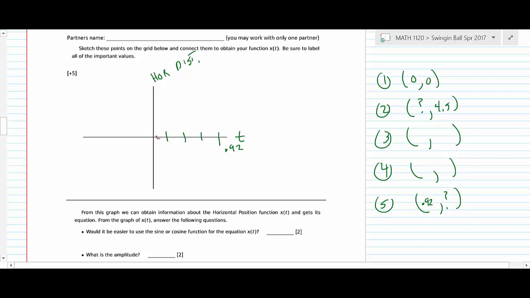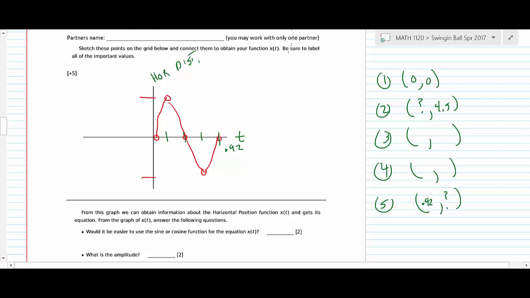You have 0, 0, and it's basically going to do something kind of like this. If you fill in your points correctly, you're going to have something that goes like that. You just need to be sure that you label what the y values and everything are, and it's not that hard to do. Now, does that look more like a sine wave or a cosine wave to you? Sine wave, because it starts at 0, 0.